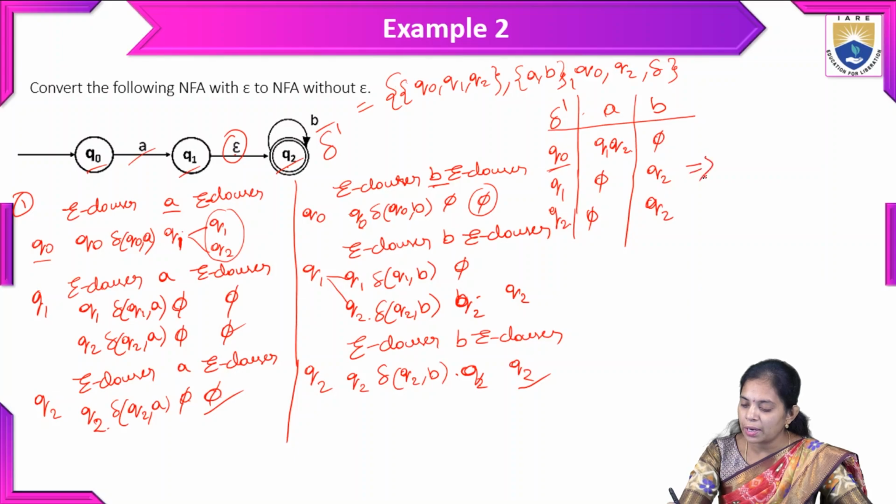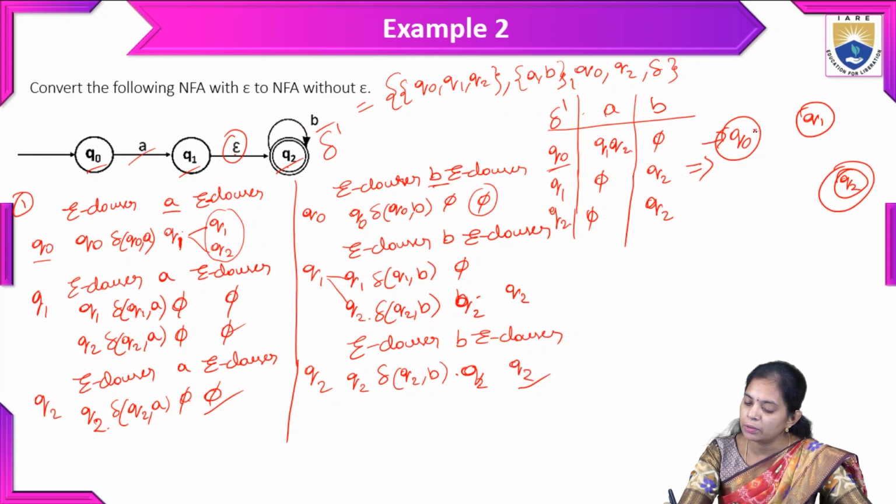So the same transition table we need to convert to a transition diagram. Q0 is the initial state and Q2 is the final state, and in between Q1 is there. By seeing this transition table, we can construct the transition diagram.